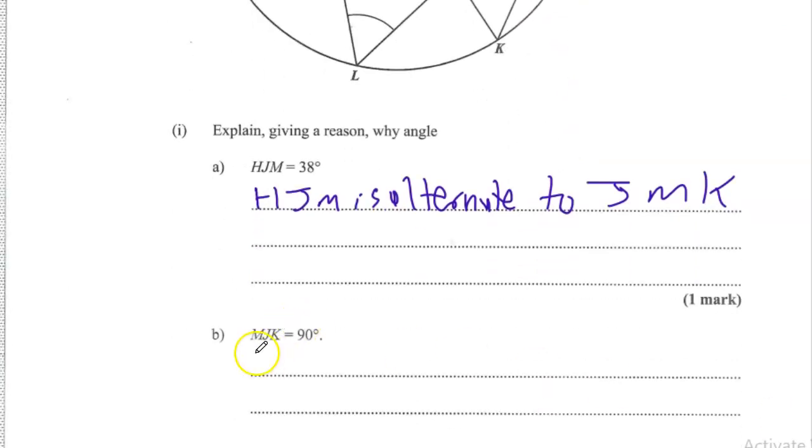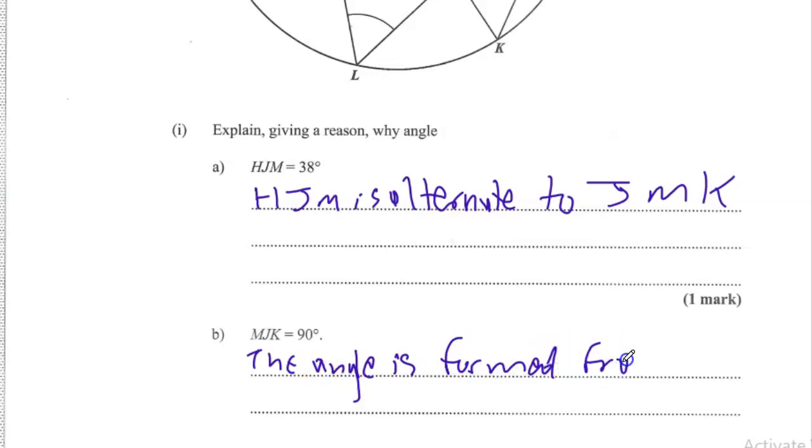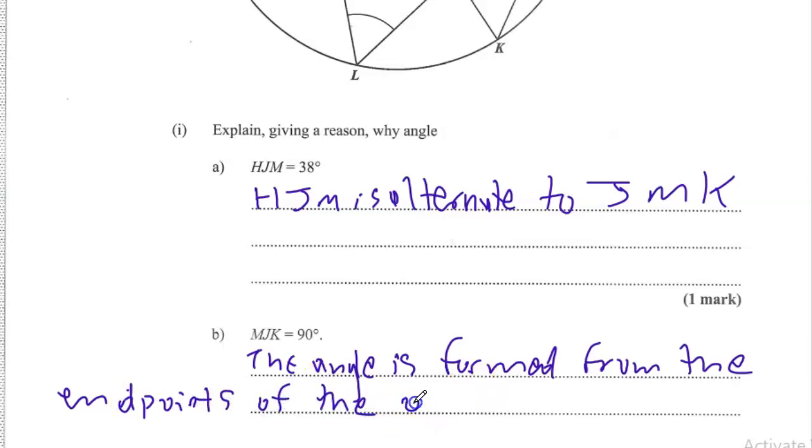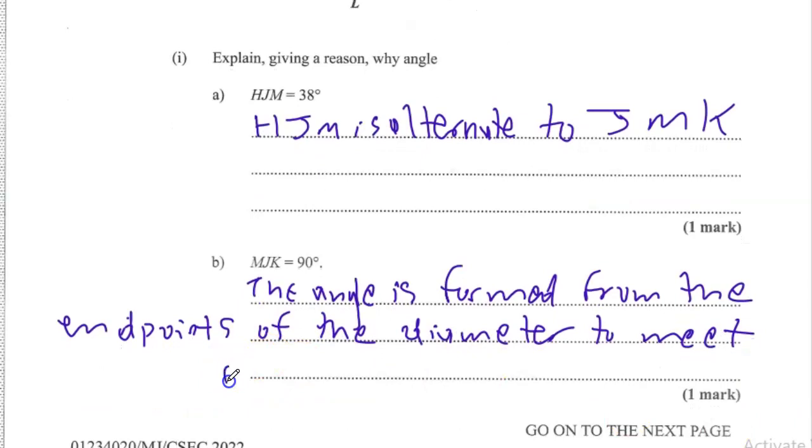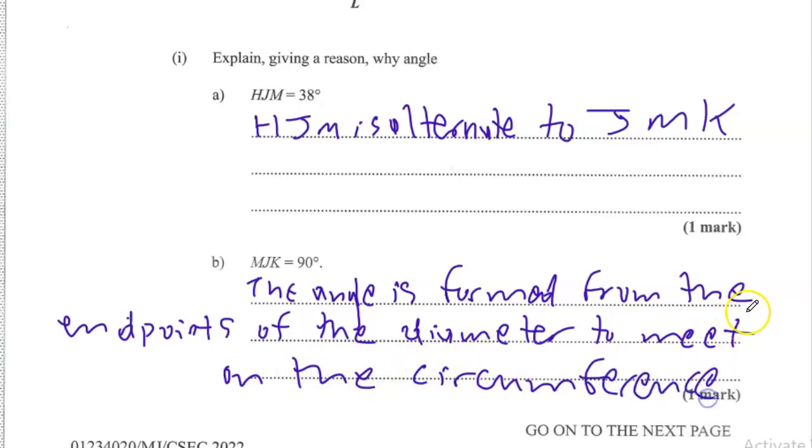Alright, so the angle MJK is formed from the endpoints of the diameter to meet on the circumference. That's what makes MJK 90.